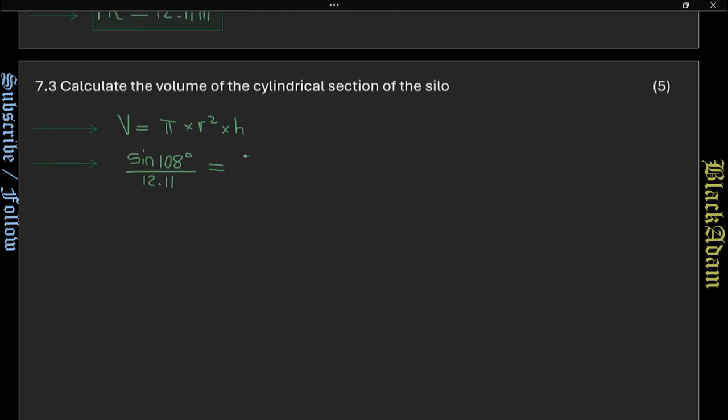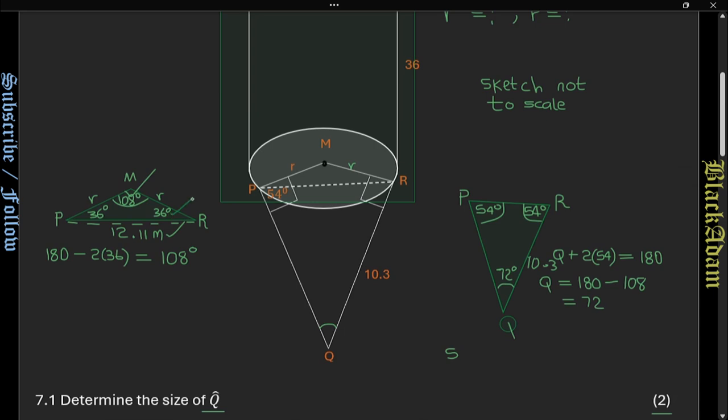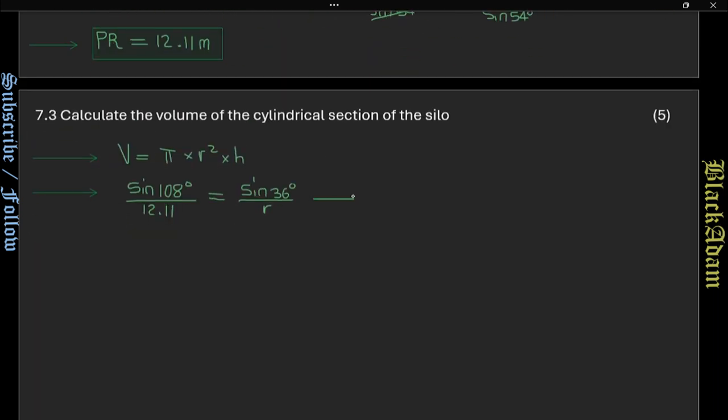Okay, so that would be sine of that angle, which is sine 36 degrees over r, which means it's sine of one angle over the opposite side, and cross multiplication once again. So we have r times sine 108 degrees equals 12.11 multiplied by sine 36 degrees, and then we divide by sine 108.